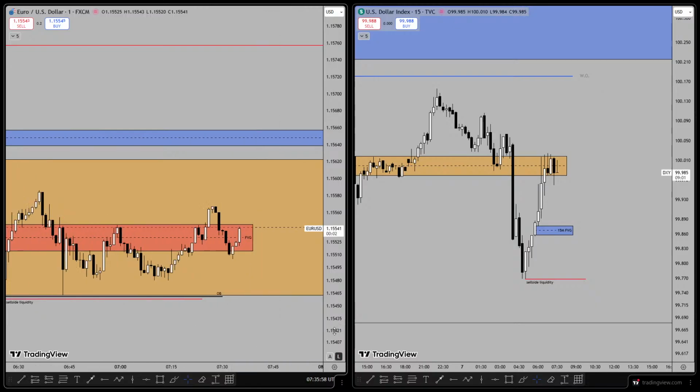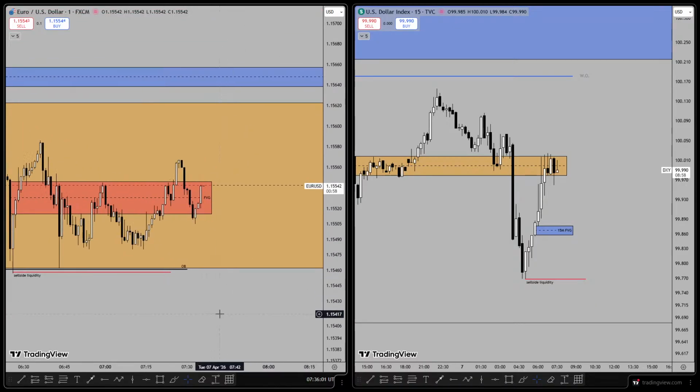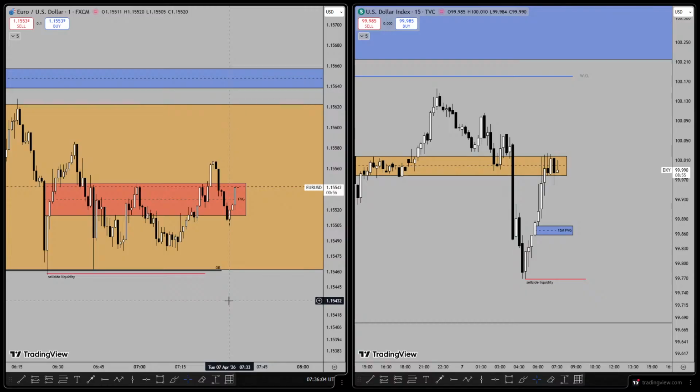Back to the 1 minute. A good run to trade lower to run the sell side liquidity.